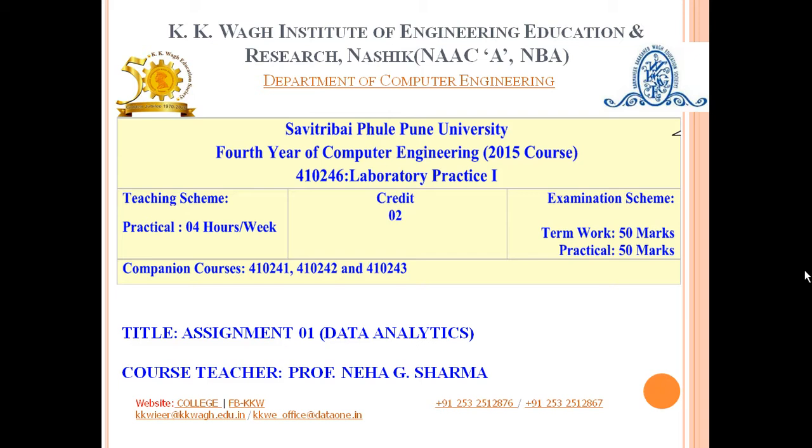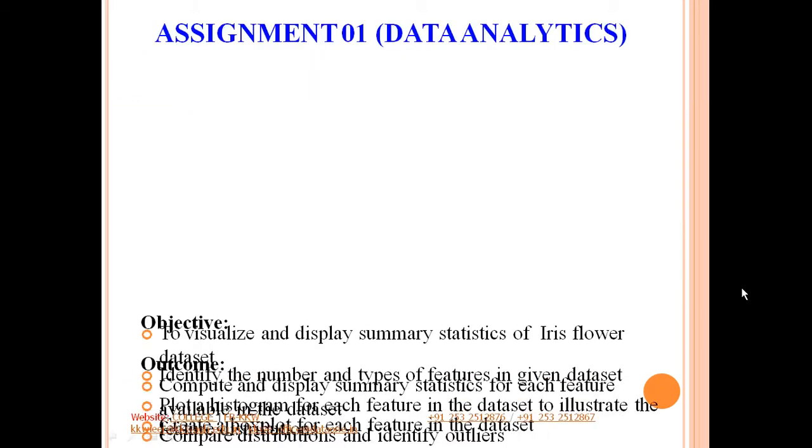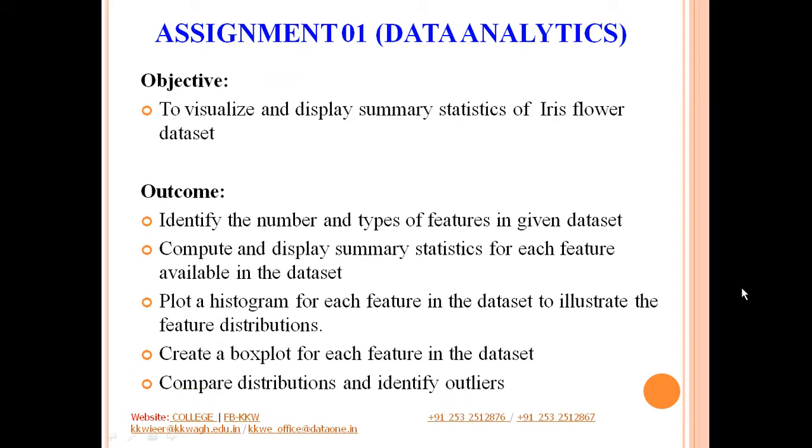Before we move on to the assignment, let us see the objectives and outcomes. The objective of this particular assignment is to visualize and display the summary statistics of the iris flower dataset. At the end of this discussion, we will be able to identify the number and types of features in the given dataset.